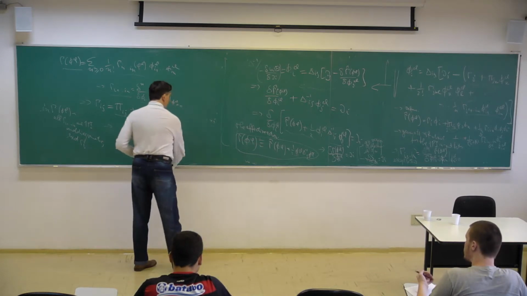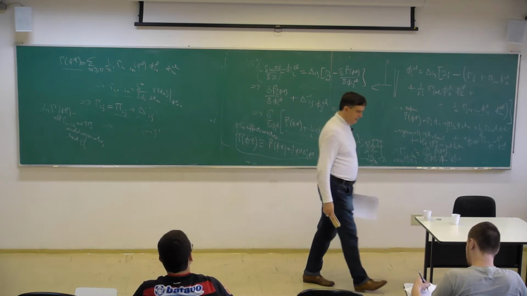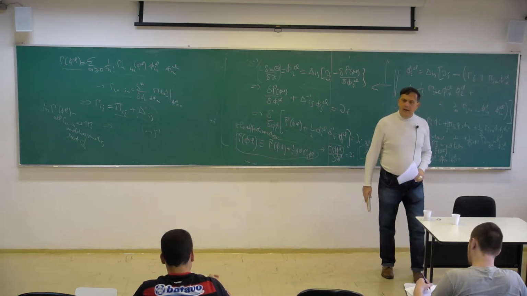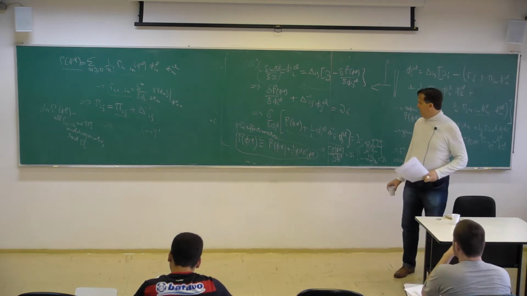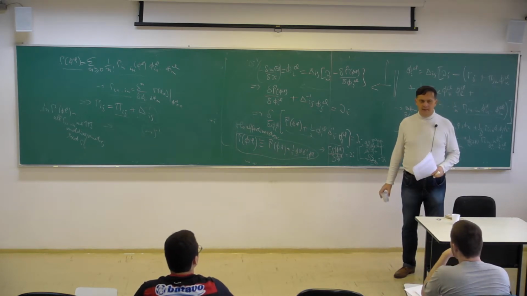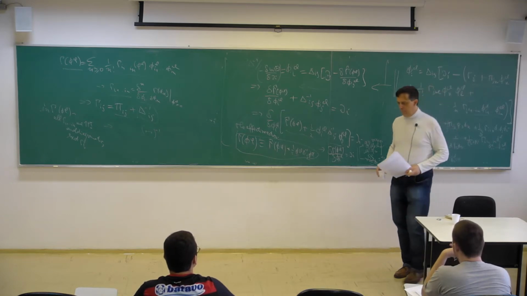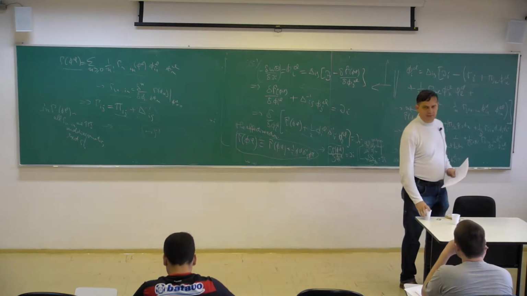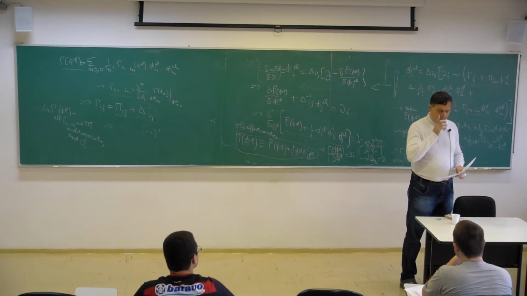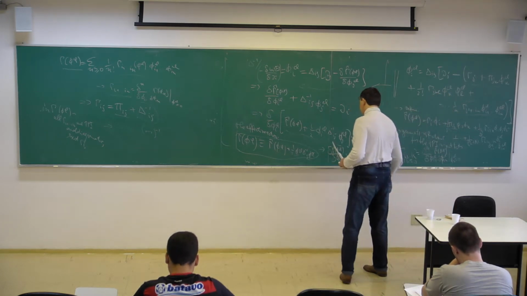Then finally, I come to the question that I started the discussion with. I said that in order to obtain the generating functional of 1 pi, I have to do a Legendre transform on the variable, so in the free energy I go from J to phi classical. All right, so let's see that.